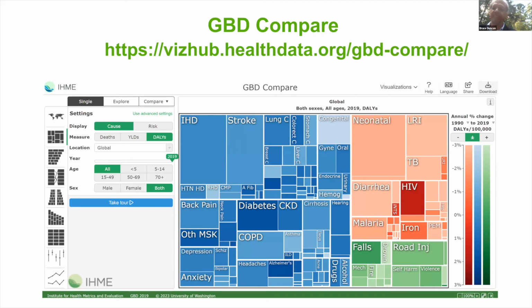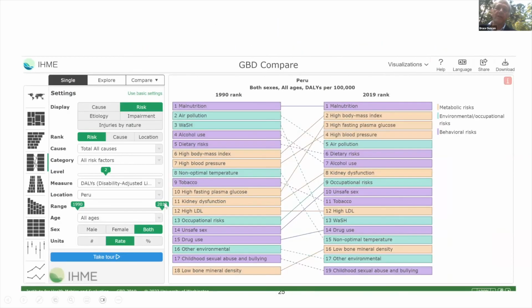The view here is a ranking. So here I have Peru. We're looking at DALYs. We're looking at all the age strata from both sexes. And you can see that in 2019, the main causes of DALYs in Peru were malnutrition. These are risk factors, not diseases.